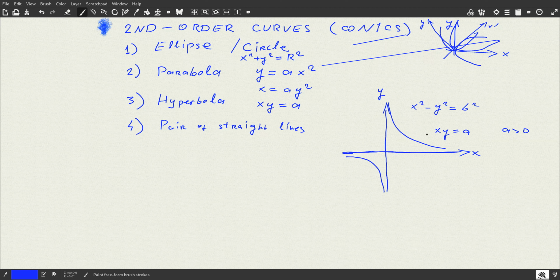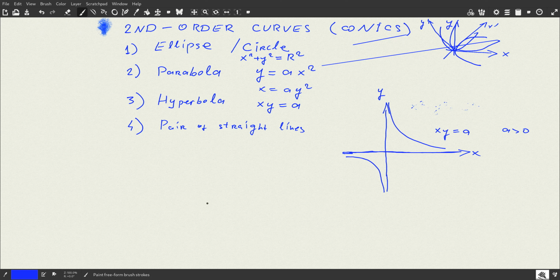So now let's consider a family of hyperbolas. Just remove this not to confuse you. Let us consider a family of hyperbolas corresponding to different but positive values of a. Suppose that we draw another hyperbola of the same type xy equals a, corresponding to a larger a.